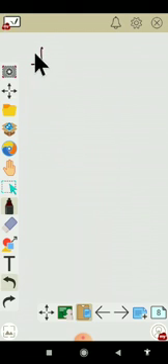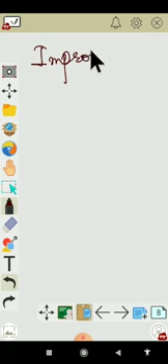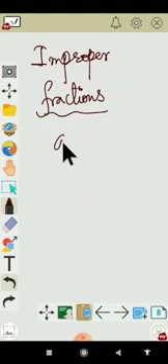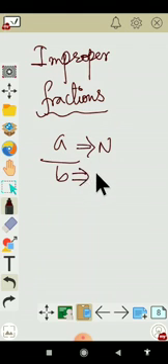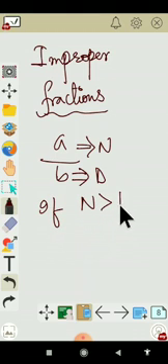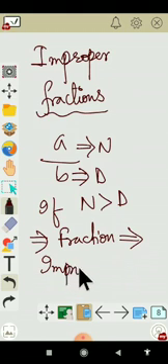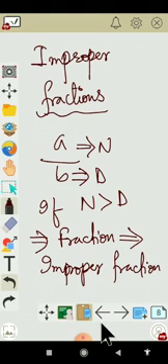Then improper fraction. Now in the form a by b, a is the numerator and b is the denominator. If the numerator is greater than the denominator, then the fraction is called an improper fraction.